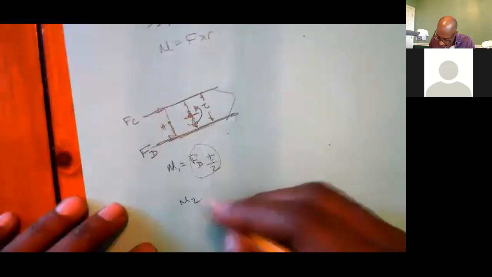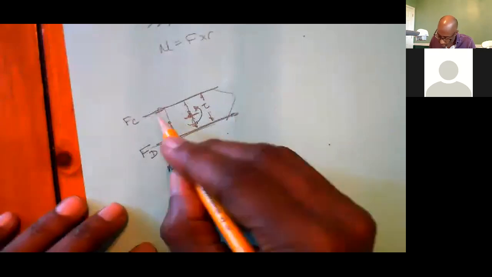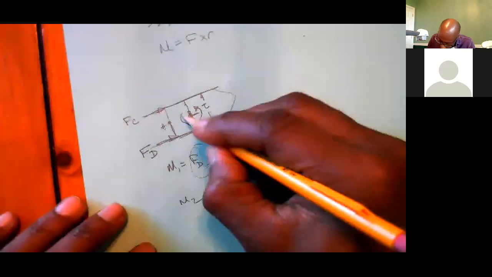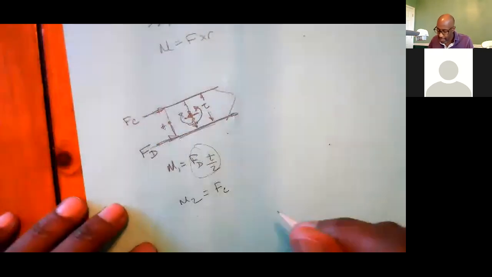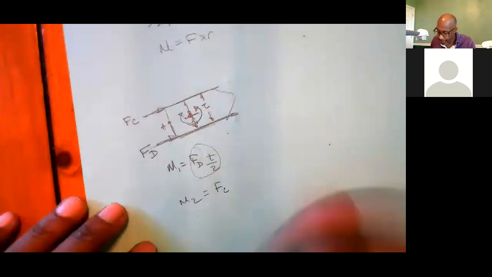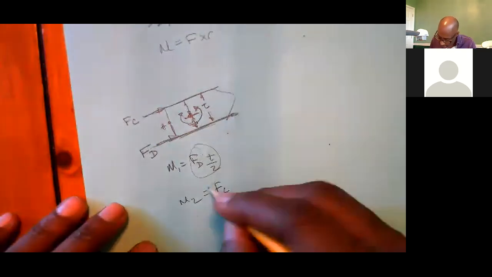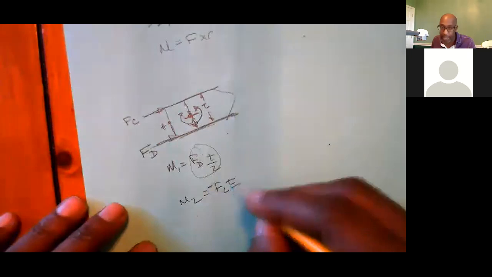What about the second moment? The second moment is created from FC, but it's going to cause this thing to rotate in the opposite direction. That is going to be a negative rotation because it's clockwise, but it has the same distance, T over 2.